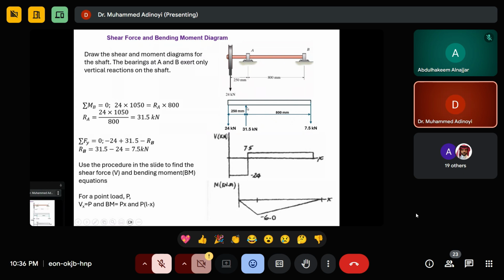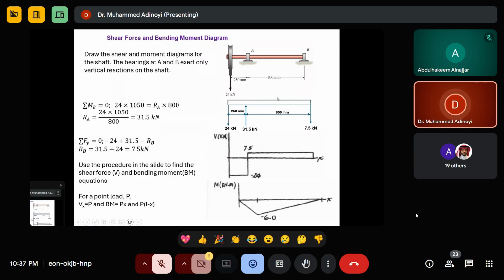This one, the shear force is supposed to be up. It's going to be up to go like this. Because there's already a shear force of down that is going like this, you have to do 31.5 minus 24. This 31.5 cancels the 24, remaining 7.5. The 7.5 will take it directly to here because there is no other load here.